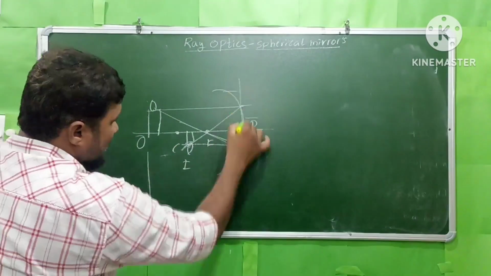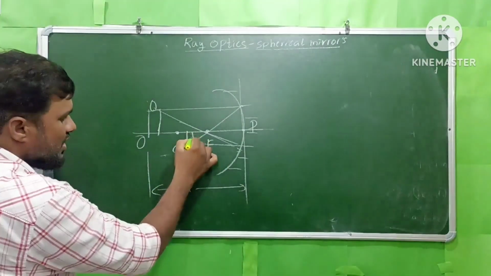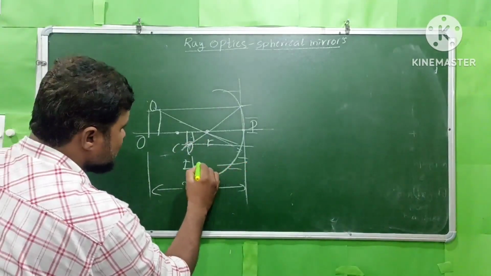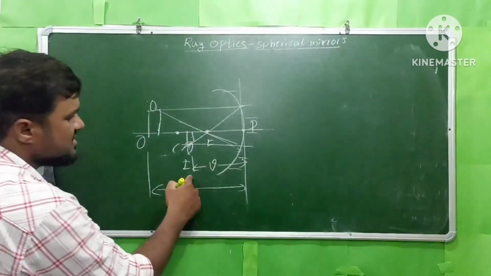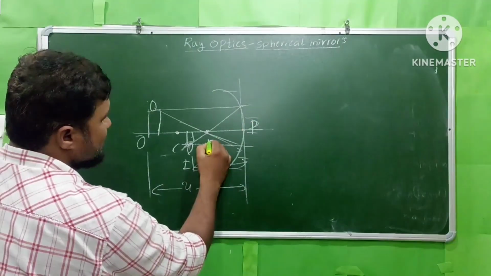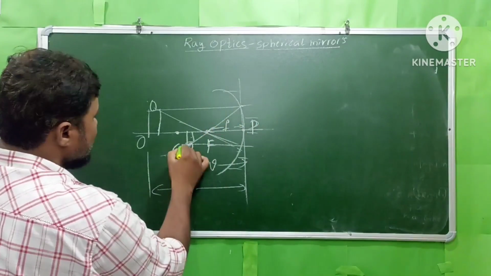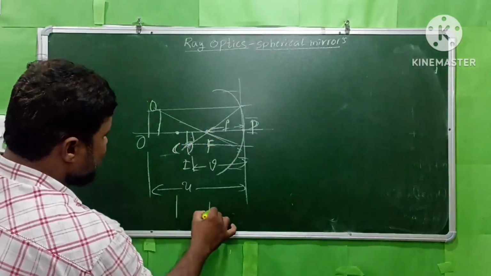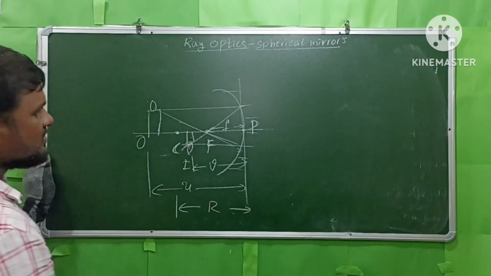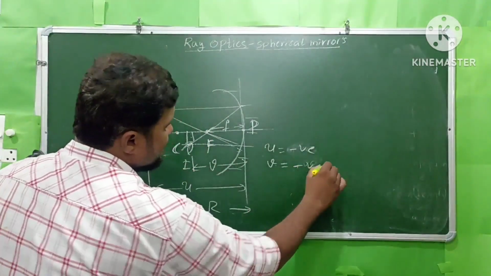Object distance is always denoted by letter u. Image I got here, image distance always denoted by letter v. V is the image distance. We know pole to the principal focus distance is focal length, and pole to the center of curvature distance is taken as radius of curvature. If you apply sign convention here, image distance is also taken as negative. Why?